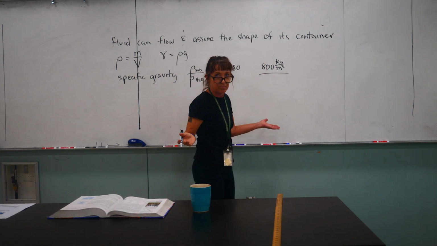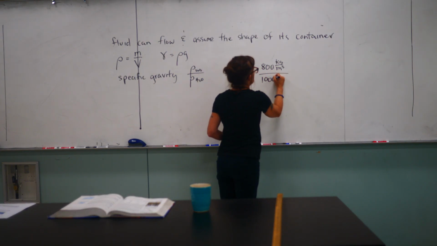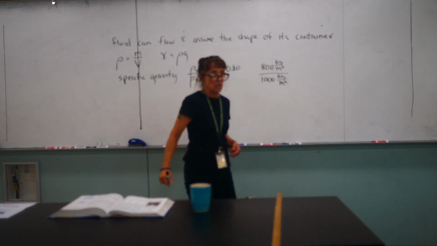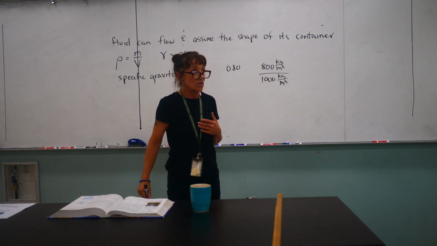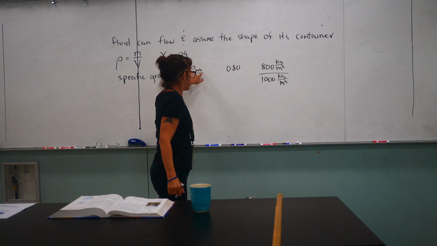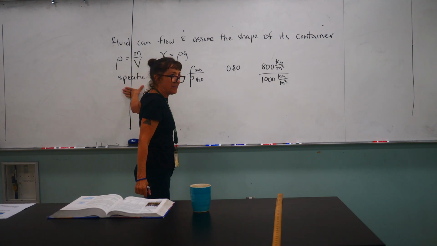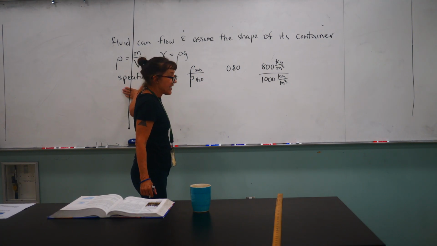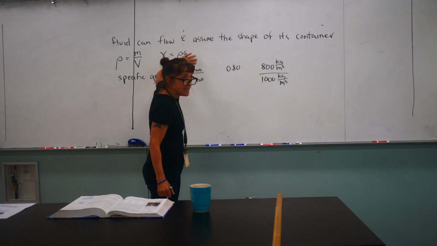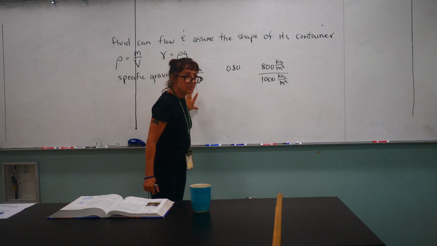You should probably know this: 1,000 kilograms per meter cubed. Yes, because the definition of specific gravity is the ratio of the substance's density to the density of water.